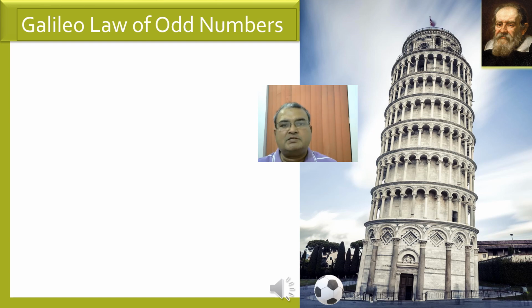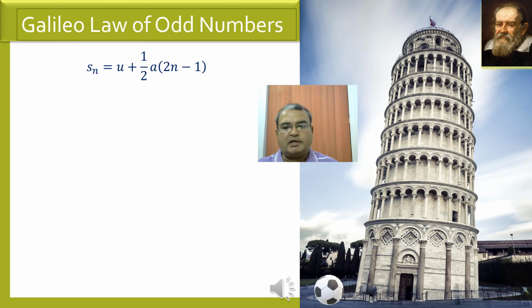First, we will analyze his experiment with the help of the kinematic equation. Distance traveled by a particle in the nth second is given by Sn equal to u plus half a within bracket 2n minus 1, isn't it? If a body is freely falling, u is nothing but 0.